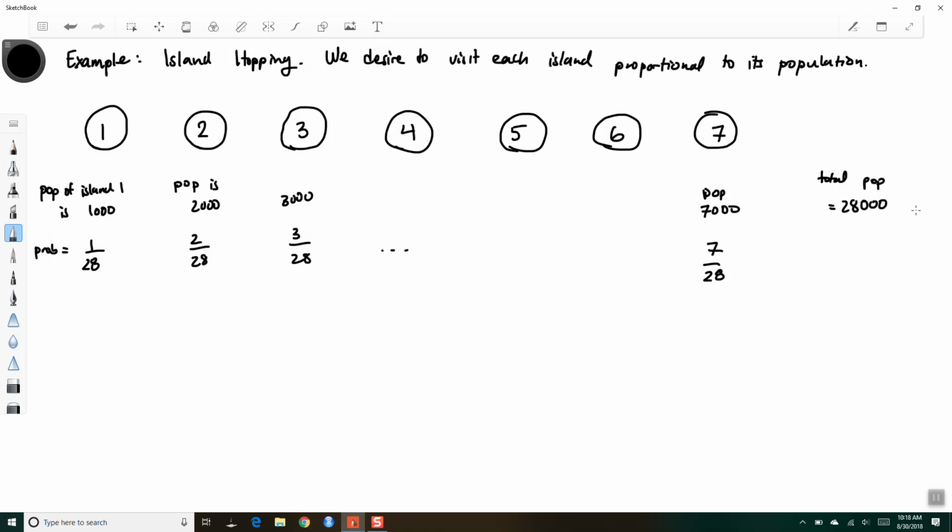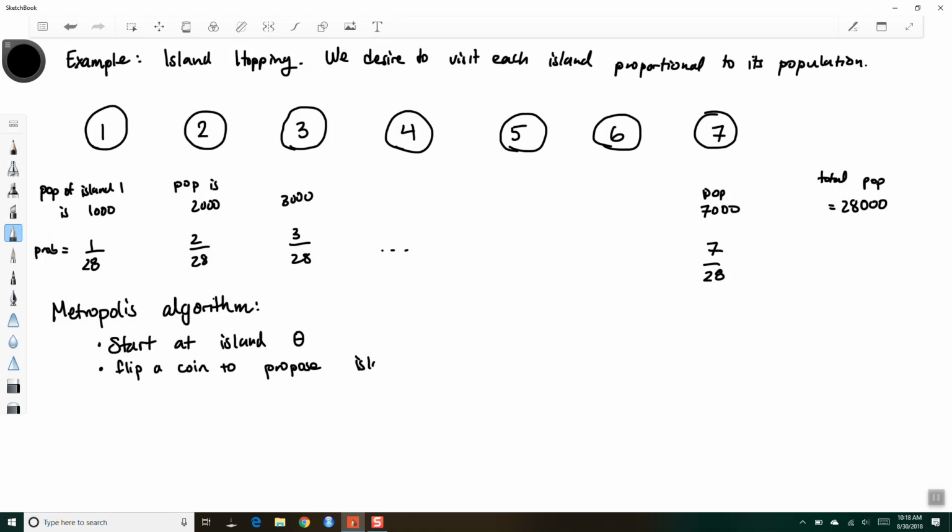Okay, and this is what our Metropolis algorithm looks like. So you start at island, we'll say theta, right? And then we flip a coin to propose island theta plus 1 if heads.